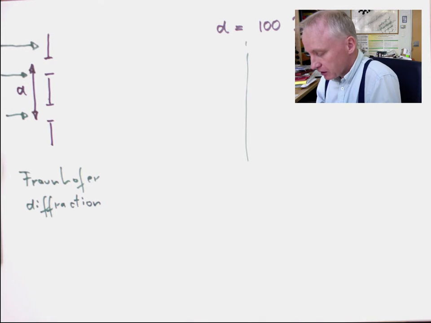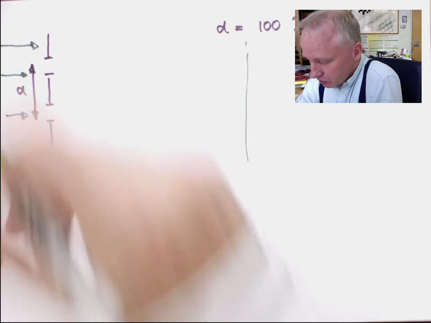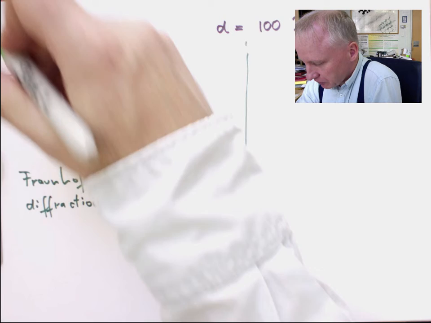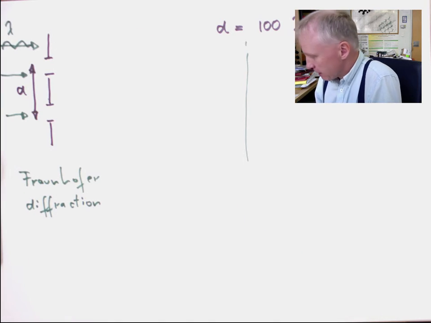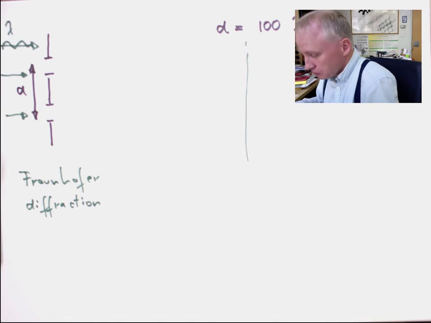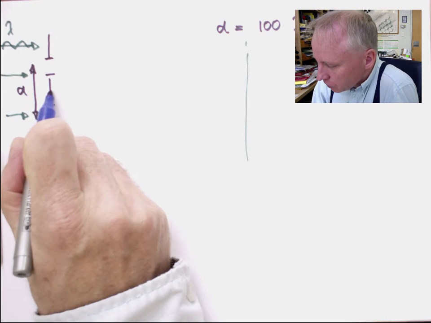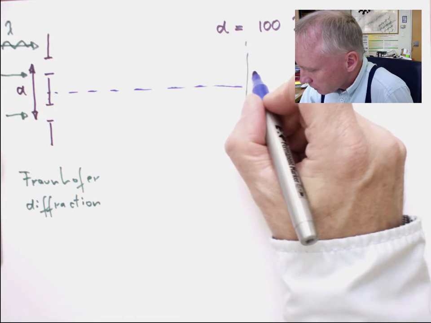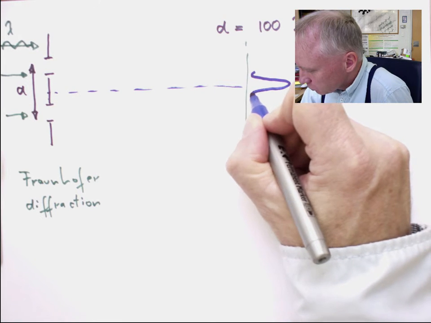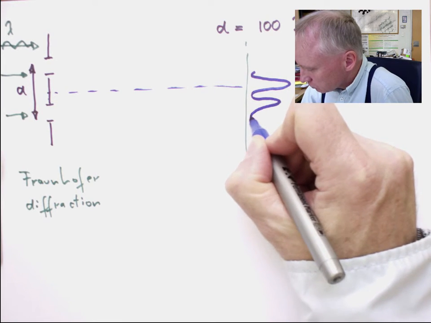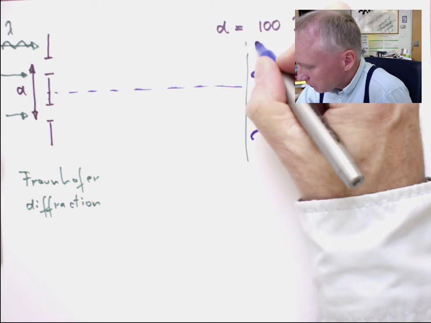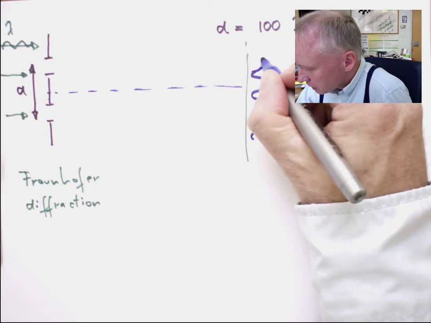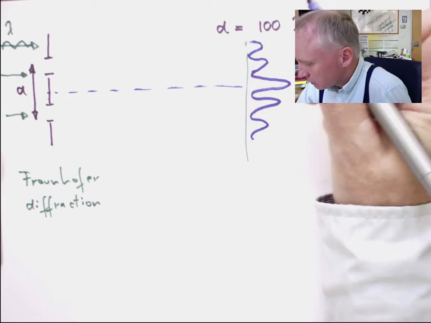And in this kind of situation, this could be the wavelength lambda, we then have a central maximum on our screen, which I might draw like this. This is the central maximum, and then not much reduced further maxima on either side. So there's one here and there's another one there.